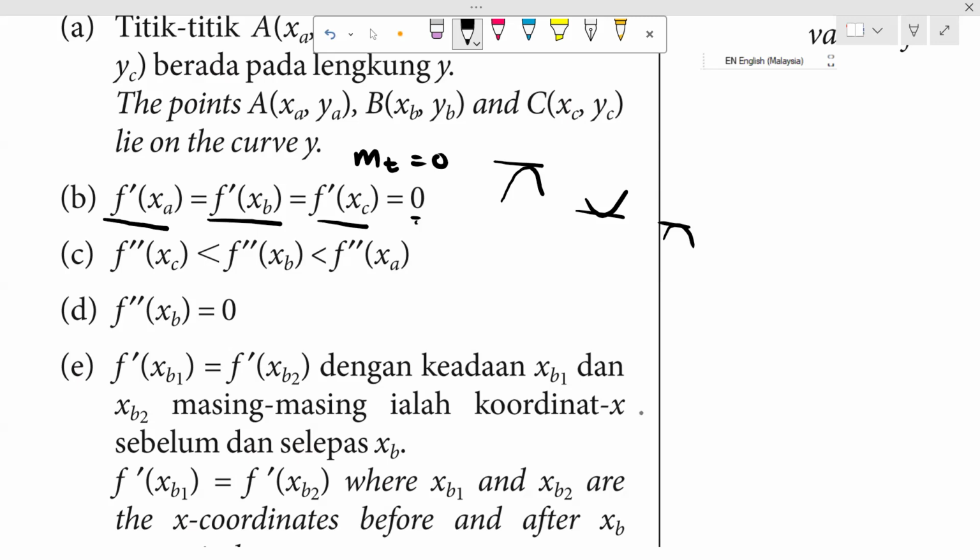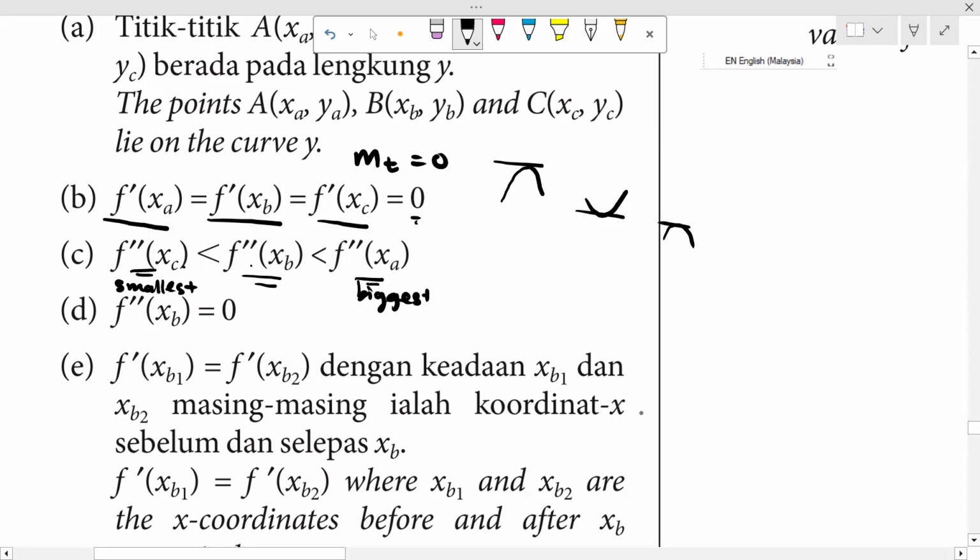Now, when you continue to the second order derivative, you notice that at point A, this is the smallest, and this is the biggest.